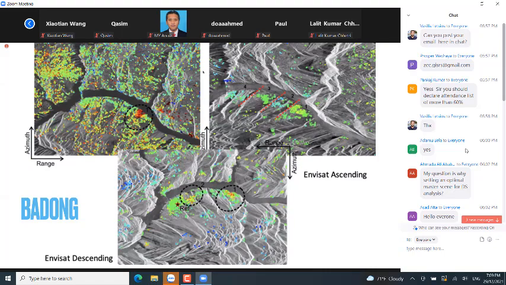Badung is a small town upstream of the Three Gorges Dam in China. After the dam was filled, the old town of Badung is now underwater, and it has been moved up the hill. There is a new town being built there.